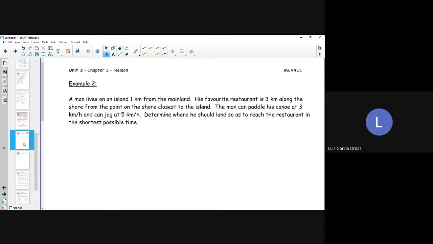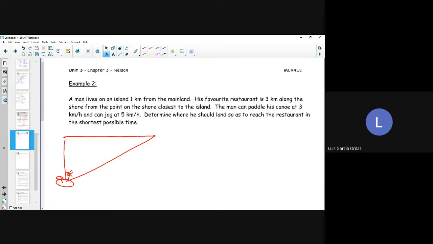So first of all, I need to start with a diagram. So we have my island over here. So I draw my tropical trees, an umbrella, stuff like that.